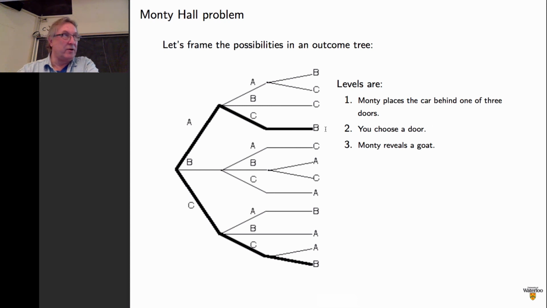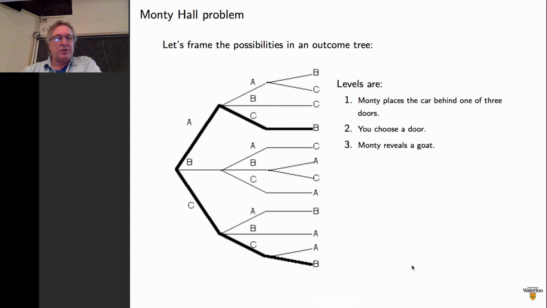He's only going to reveal the goat. So if you've chosen the car, he's got a choice. If you've chosen the goat, well, he's got to pick the other goat.